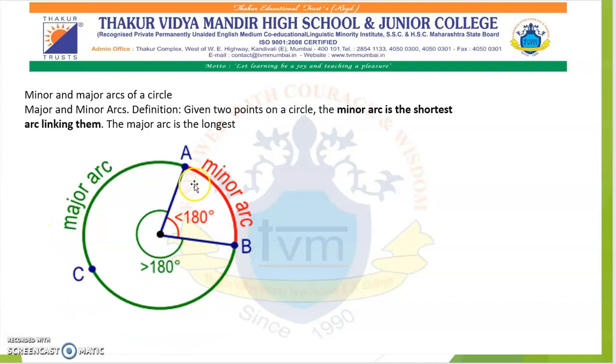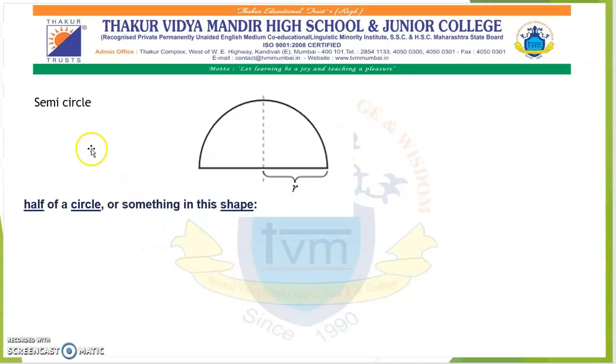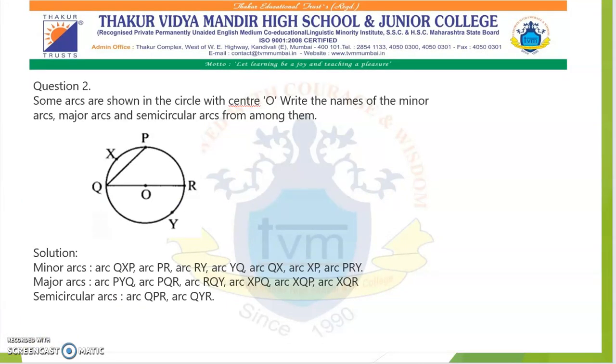Remember that in a minor arc the angle subtended at the center is always less than 180 degree, and in a major arc the angle subtended at the center is always greater than 180 degree. Semicircle. Half of a circle, or something like this in shape, is called a semicircle.